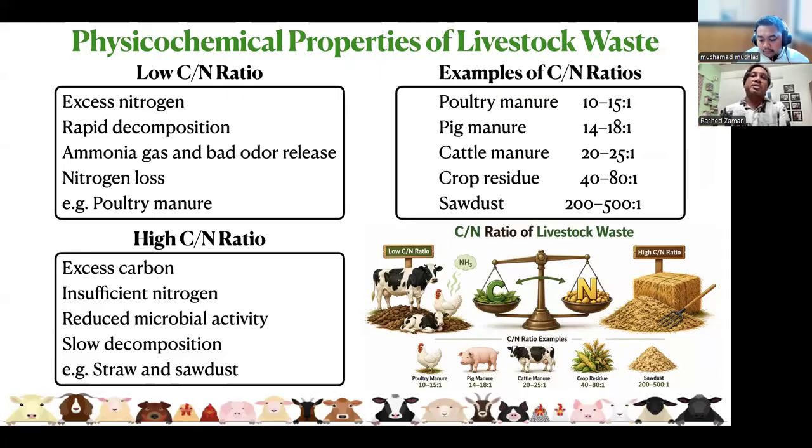That means nitrogen is much higher in these three types of manure. But in case of crop residues, it is 40 to 80 to 1, and in case of sawdust, 200 to 500 to 1. That means these have a high carbon to nitrogen ratio. Carbon is much higher compared to nitrogen in these wastes.